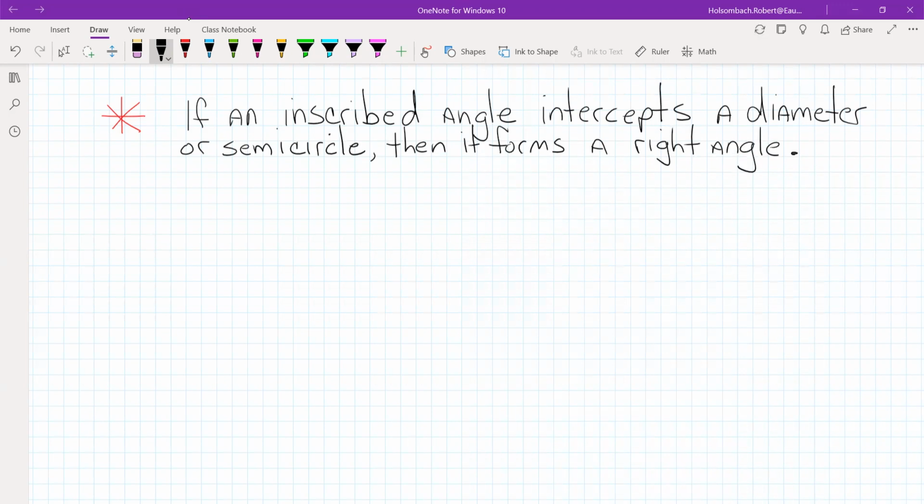If an inscribed angle intercepts a diameter or semicircle, then it forms a right angle.